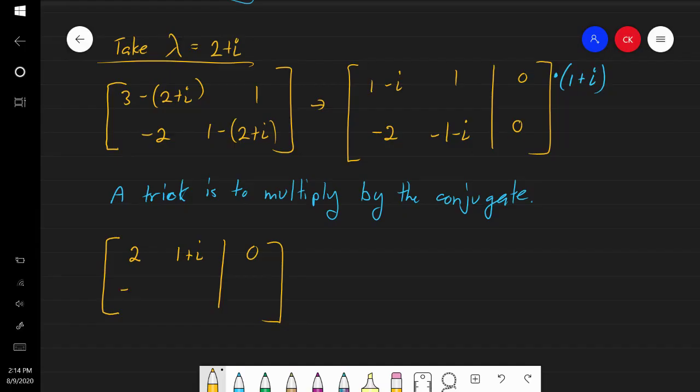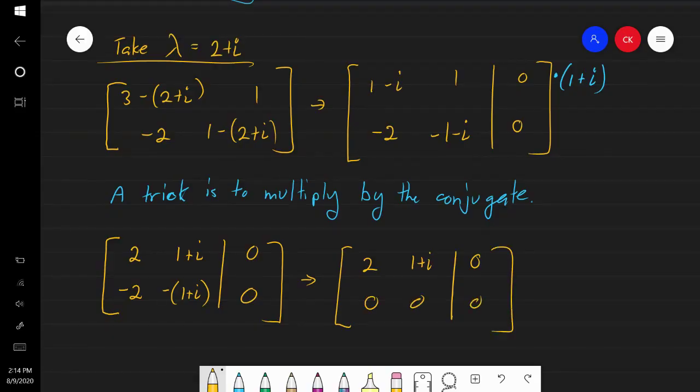And the second row then is minus 2 and minus 1 plus i when we factor out negative 1, and 0. And much like we would expect when we're solving for these eigenvectors, one of these rows is clearly a multiple of the other. So what we really end up with now is a system that looks like 2, 1 plus i, and 0, and then a row of zeros along the bottom.